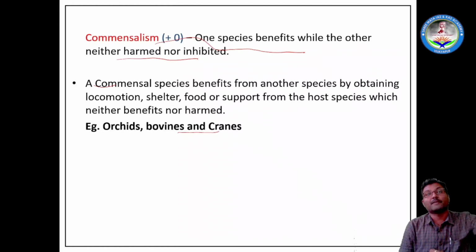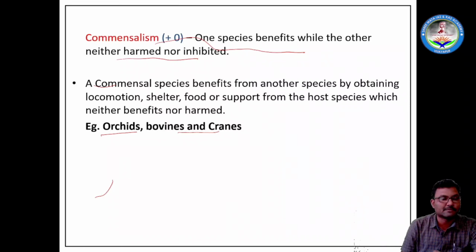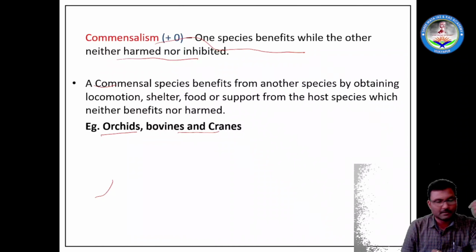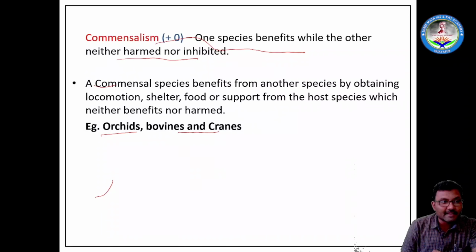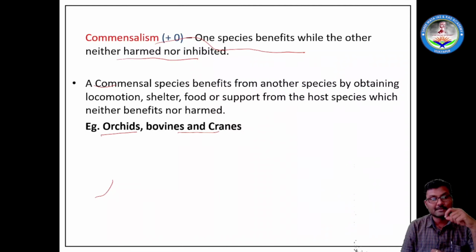And bovines, if you are from the countryside, you see so many times that when buffaloes, cows, or other bovines are grazing in the open field, some cranes come and sit on the buffaloes or the cows. Here, the cranes search for insects. They are just taking shelter on buffaloes and cows, and when they see the insects, they eat those insects.